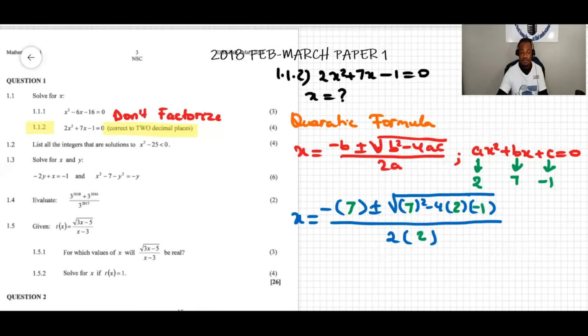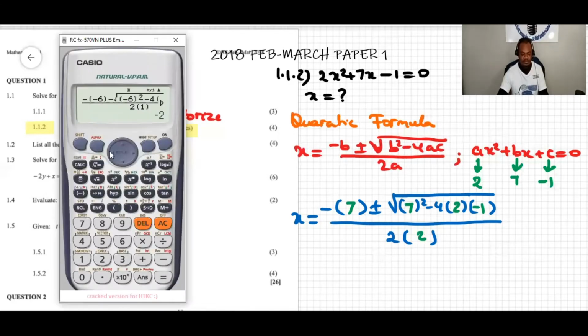Then we're going to sub this in the calculator. We already have the setup written there, so I just want to substitute the values. Minus b, so minus 7. Let's work out the positive first: the square root of 7 squared minus 4 times 2 times -1, over 2a, where a has the value of 2.